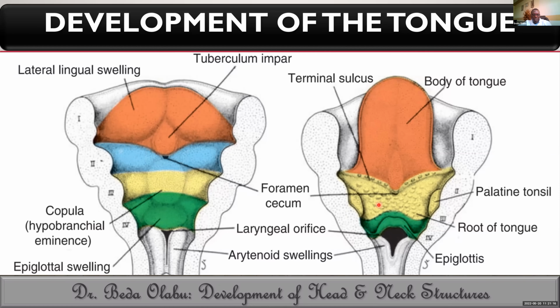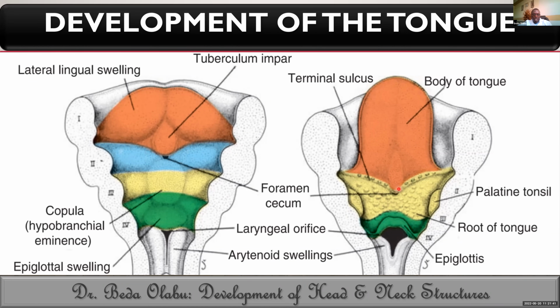As time goes by, we see that that's the one that contributes predominantly. The tissues of the fourth arch are here. As time goes by, we note that that one is largely just around the region of the epiglottis. So much of the posterior 1/3 of the tongue is largely from the tissues of the third pharyngeal arch.